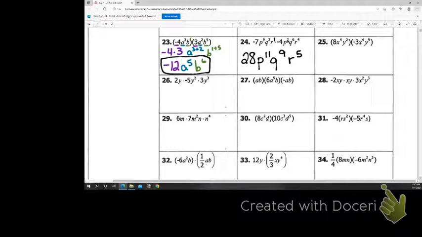Remember that a fraction, you're multiplying by the top and you're dividing by the bottom. So this becomes -3. Then my a's, 2 and 1 make 3, and my b's, 1 plus 1 makes 2. So 12 times 2/3, 12 times 2, 24, divided by 3 is 8.